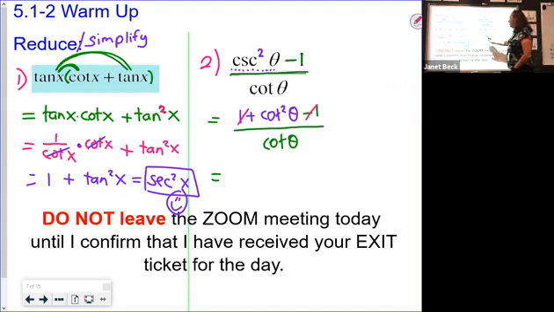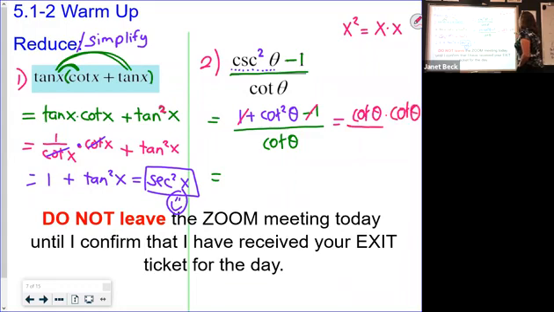Right, a lot of people can just get straight from the answers there. If you're not sure, just think about what cot squared theta means. If I had x squared, it could be written as x times x. So this line is optional. You could split cot squared theta into cot theta times cot theta, and then you're dividing by cot theta.